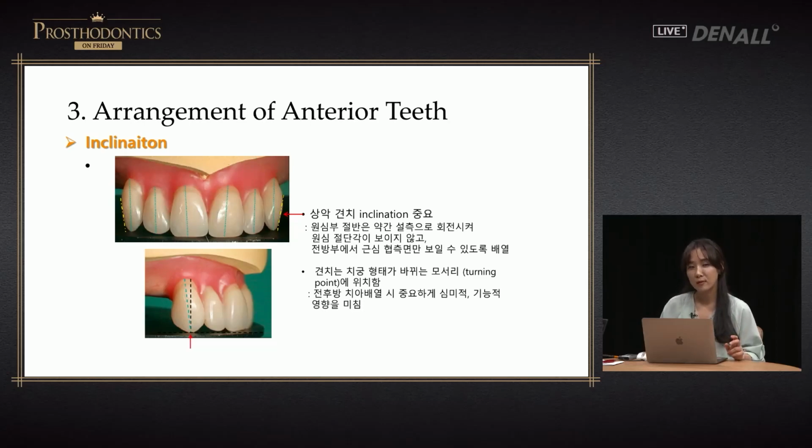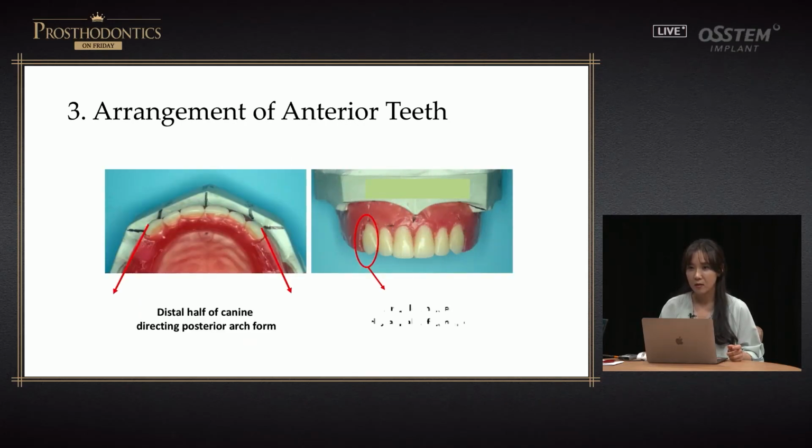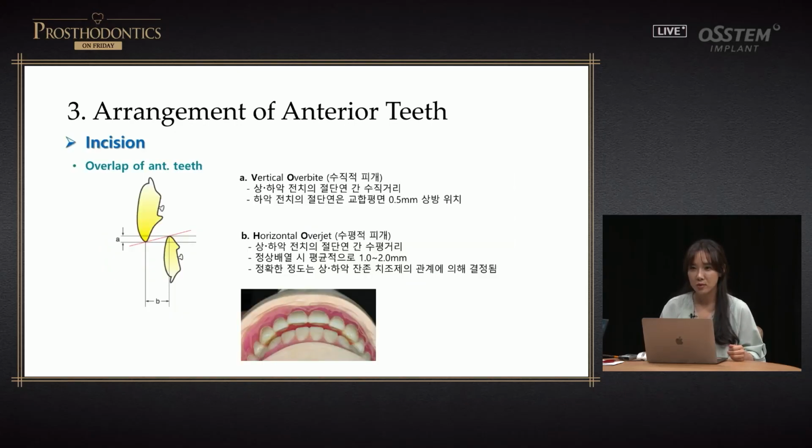Like here, we cannot go over all of these due to constraint of time. However, we need to remember one thing. We need to check canine inclinations when the wax denture arrives. As you can see, the canine is inclined and it is not possible to see part of the canine. So you need to check the canine position.